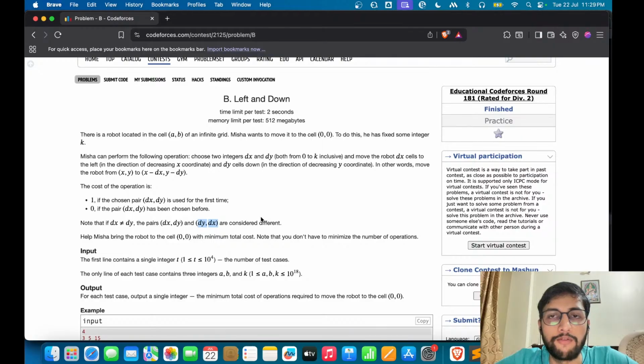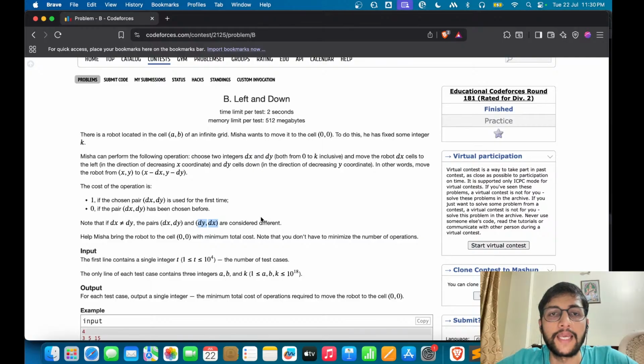If we want to take any number, then we will choose dx as 4, dy as 8, and in one operation we will be done with the procedure. But we are given k. So here you can also see that the maximum number of operations required will be 2. They won't exceed 2, and this can be proven.